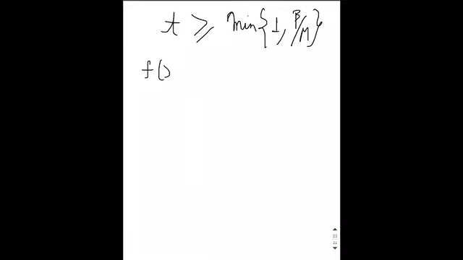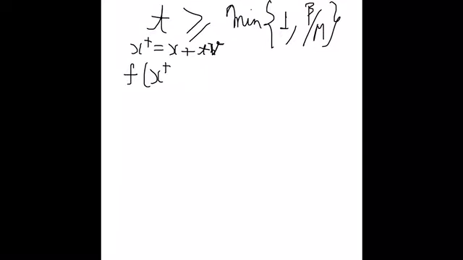So let's say we have x and x plus is the next step. So x plus is equal to x plus t v, where v is the steepest descent direction.